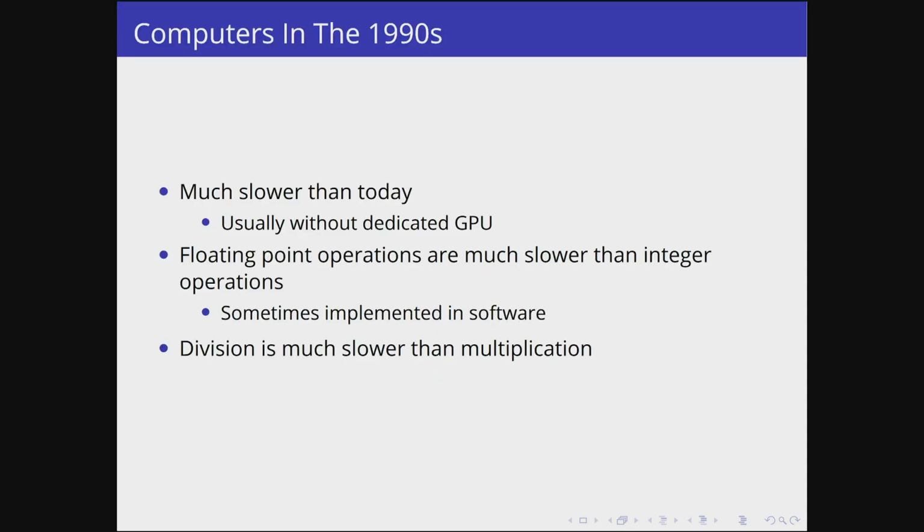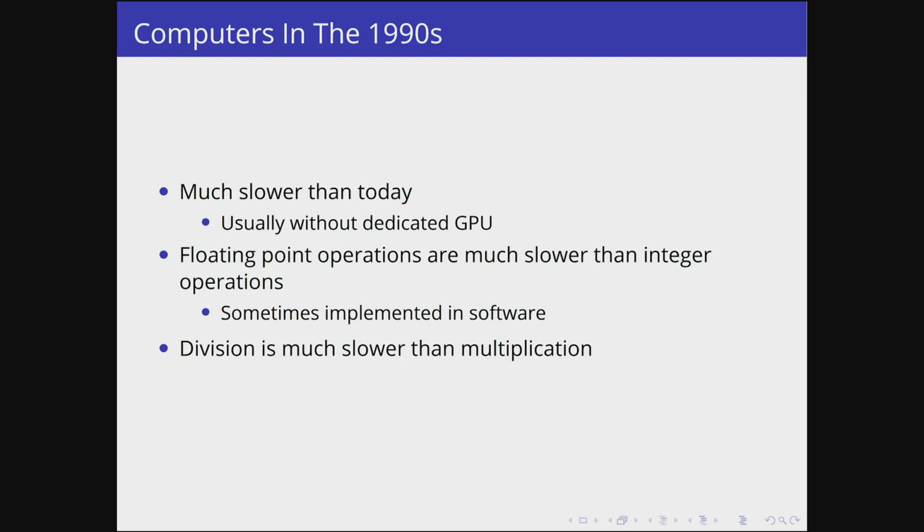we want to talk about our motivation, and for this we have to go back to the 90s. We still have computers, but they're much slower than nowadays. Usually they didn't have GPUs like today. And also they didn't always have implementation for floating points.